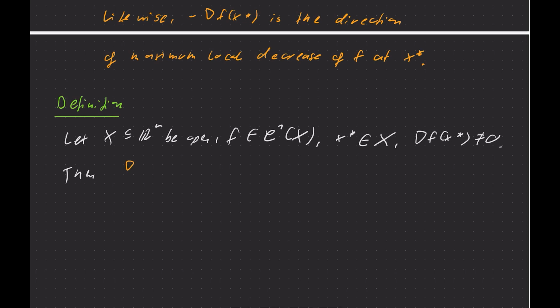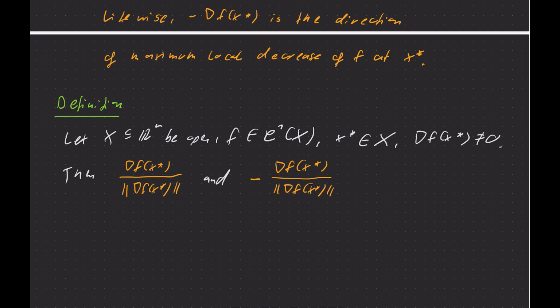Those are the gradient of f at x star divided by its norm, and the negative of that direction, so minus the gradient divided by its norm.